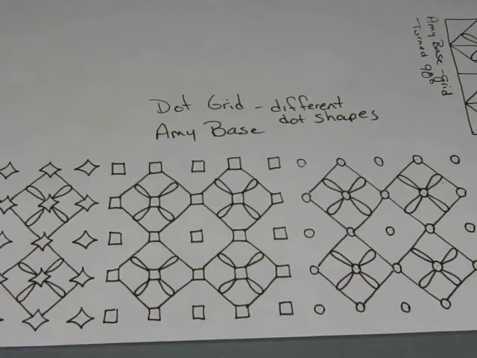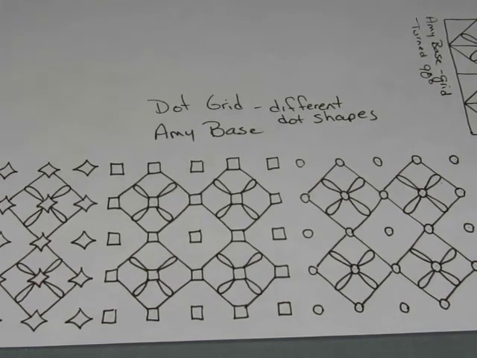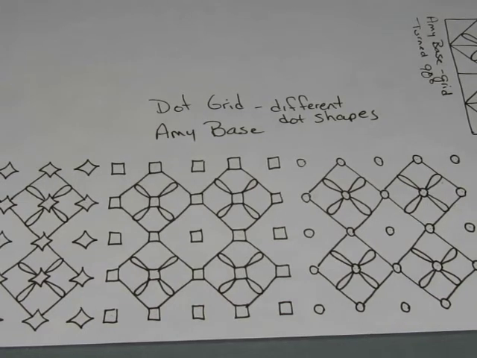I didn't do spirals. Could have done spirals. That would have looked different too. They're just never ending. So you guys have fun. Practice, play, find which base pattern you like, and give it a go. You don't have to use Amy.